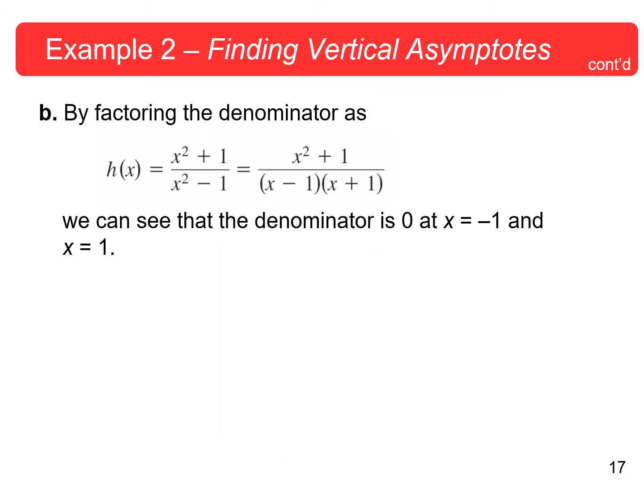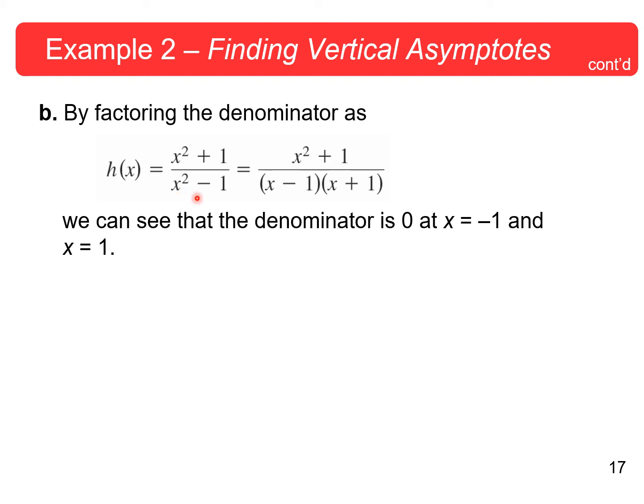Next example, let's find the vertical asymptote for the function h of x equal to (x squared plus 1) over (x squared minus 1). To find the vertical asymptote, we just have to get the zeros of the denominator. And to do that, we will just factor this expression.